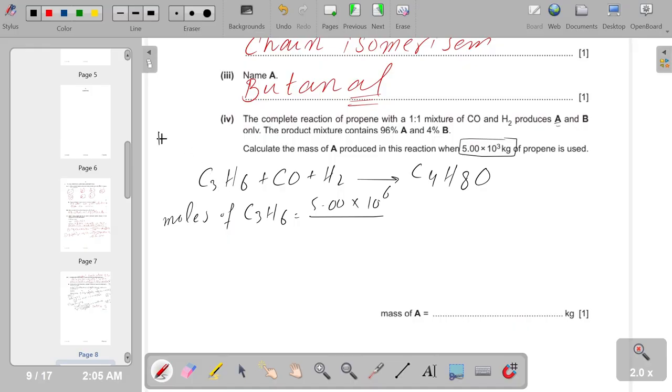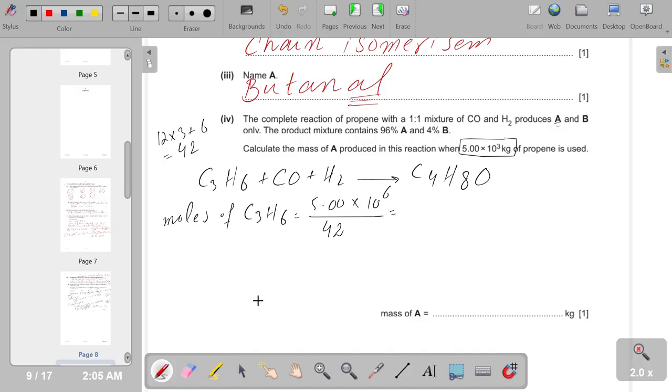Carbon is 12 multiplied by 3, plus 6. One carbon has Mr 12, and 3 carbons are there, so 12 multiplied by 3. One hydrogen is 1, so I multiply by 6. So what will be the answer? It will become 42. Mass over Mr, so what will be the moles?